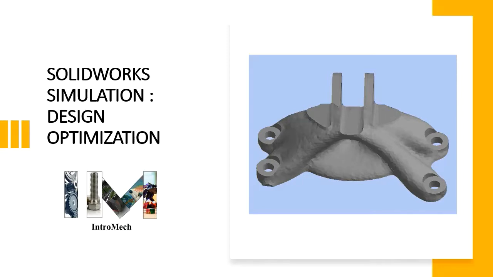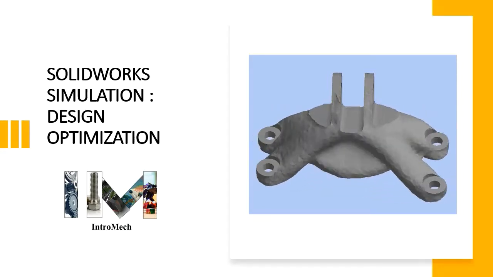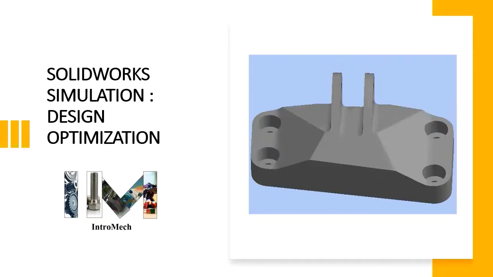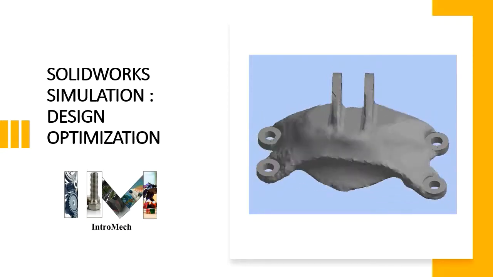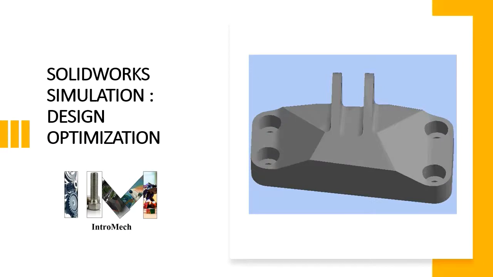Can someone reduce the dimensions and still your objective can be satisfied? It may happen, and it will cost less and be effective. So our today's topic is based on the same thing, that is nothing but design optimization.